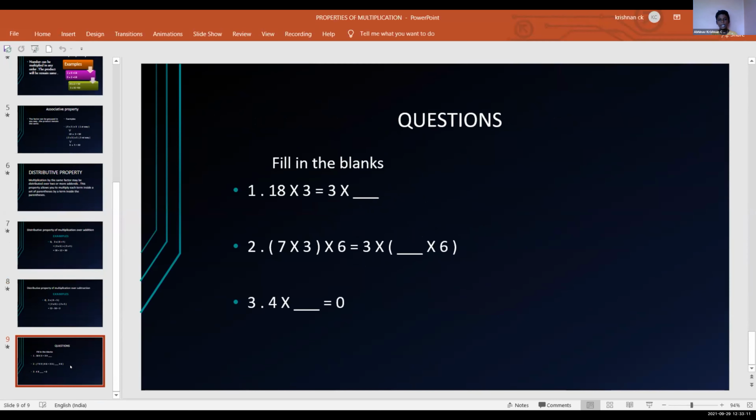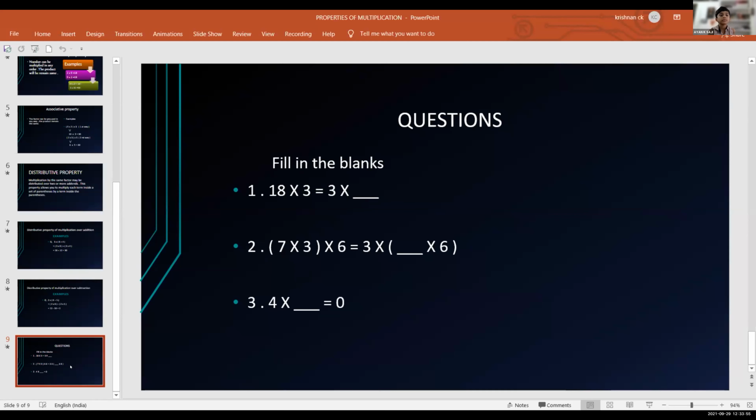Questions, fill in the blanks. 18 into 3 equals 3 into dash. 18. Correct answer. 7 into 3 into 6 equals 3 into dash into 6. 7.